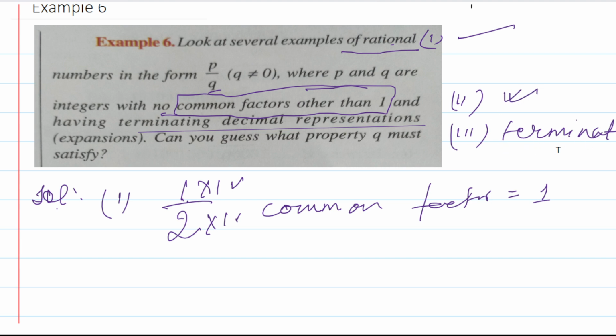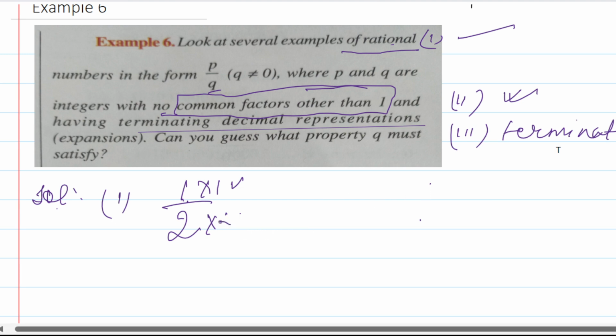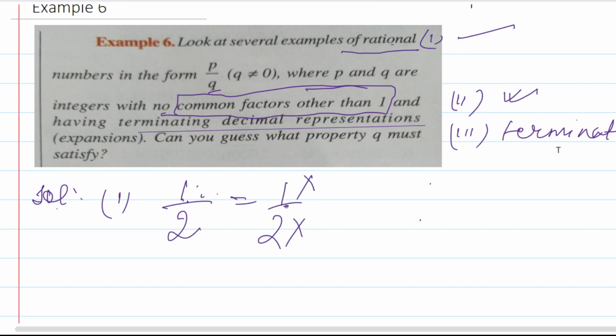Terminating. So this terminating I have to see. Means I have to divide this and I should get a decimal expansion in terminating form. Okay. So let's start. So this one I can write as 1 by 2 into, so I'll multiply the denominator with a number that makes my division easier.